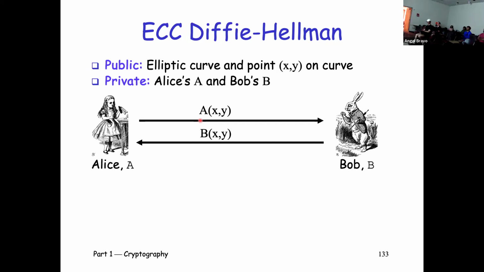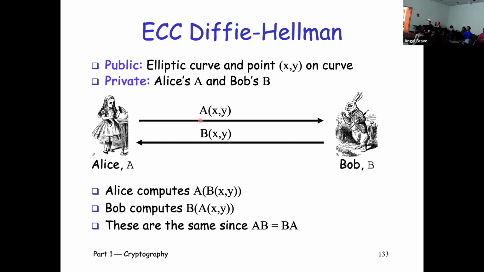And Bob will compute something similar, the point xy times B. If you recall Diffie-Hellman earlier, remember those generators to the power of AB? If Trudy detects G to the power of AB, Trudy cannot really find the factors of AB because they are already computed. A similar thing happens here.